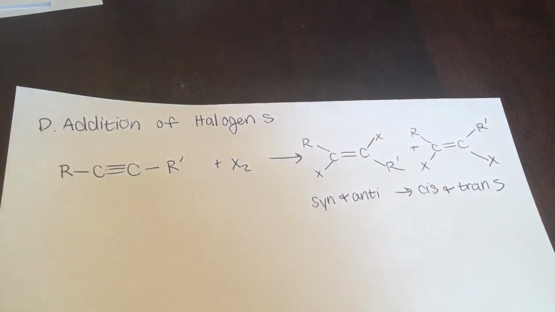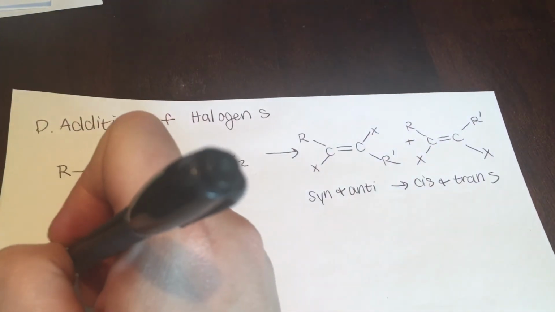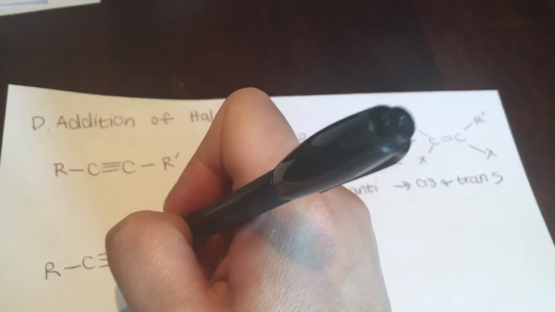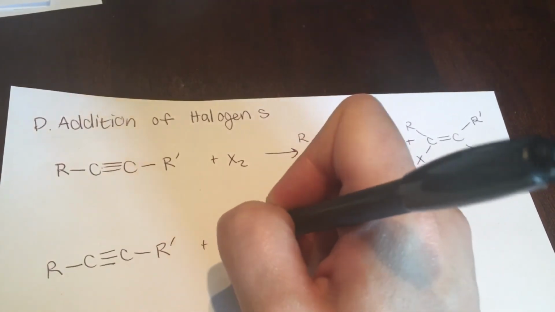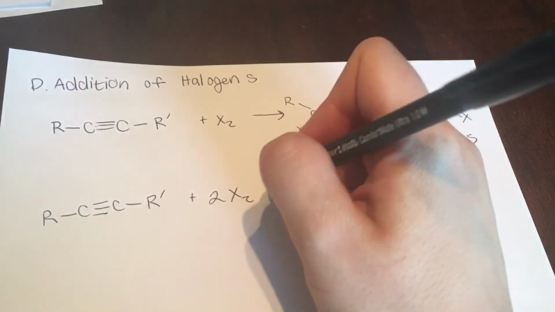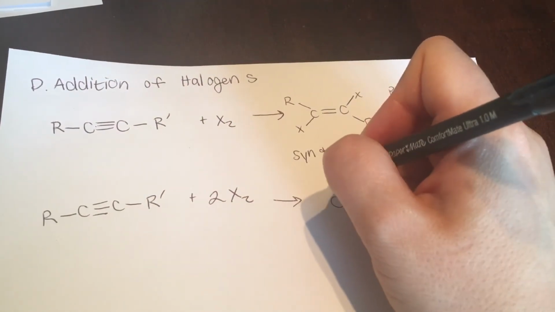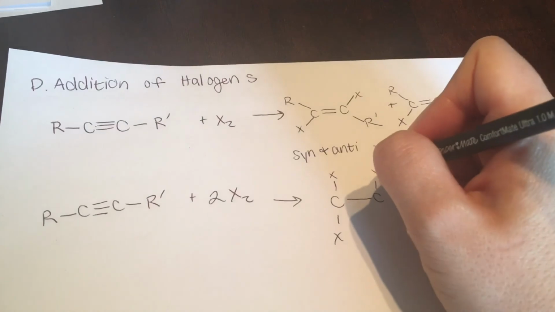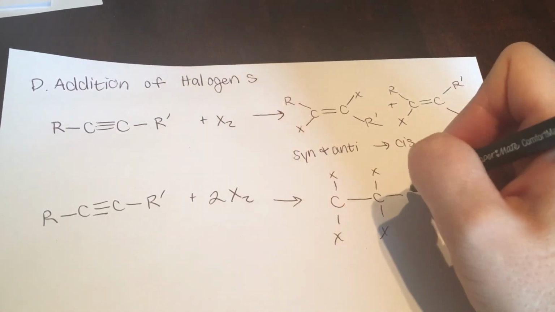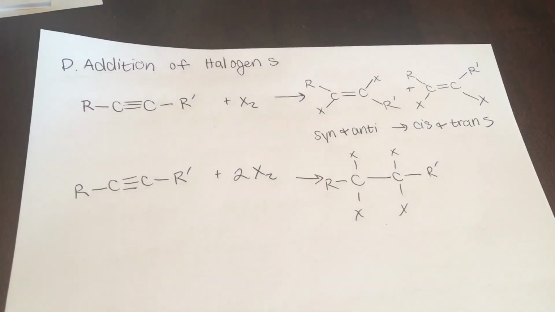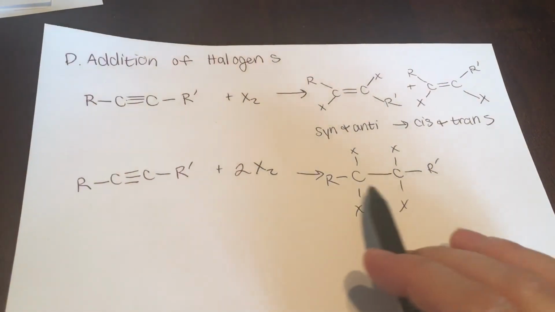If we were to have two equivalents, it's going to keep on reacting. So if we were to have our triple bond and have two equivalents of our halogen, that's going to add twice. So we're just going to halogenate everything, basically. Okay, so that's going to give us lots of halogens on the two carbons that were part of the triple bond.